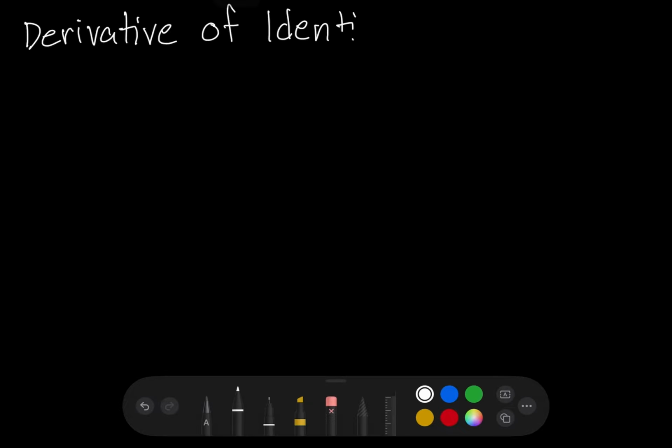Okay, now let's have the second rule of differentiation, which is the derivative of the identity function. So it is when we have an identity.